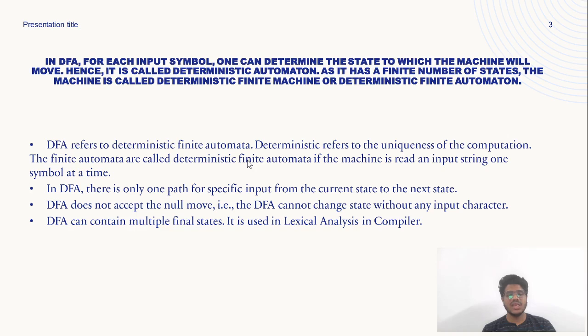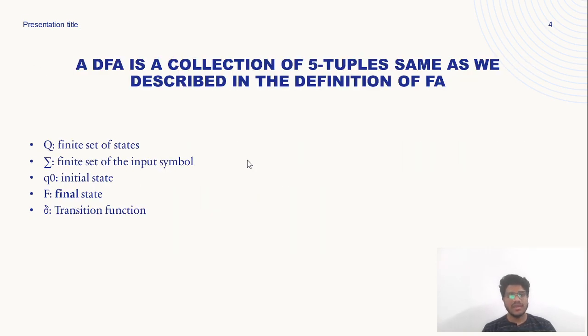It is used in lexical analysis in compilers, and a DFA is a collection of five tuples, same as we described in the definition of DFA. Q is the finite set of states, Σ is the finite set of input symbols, Q0 is the initial state, F is the final state, and delta is the transition function.